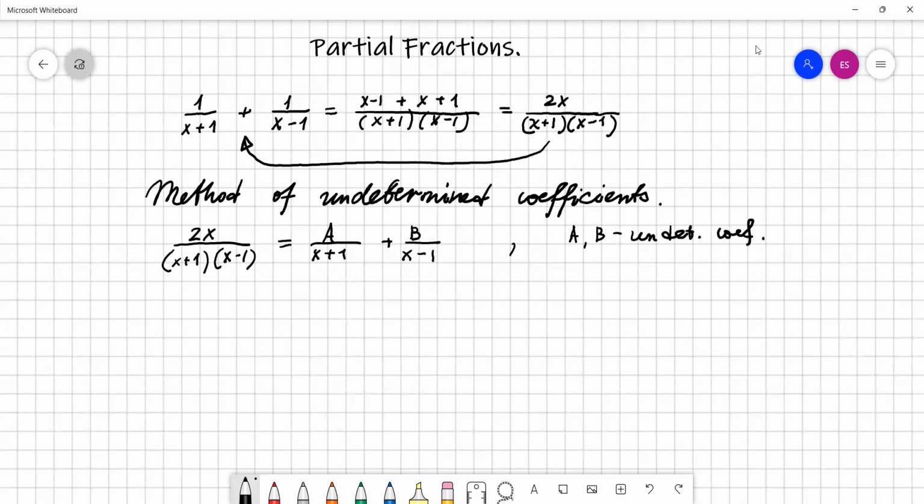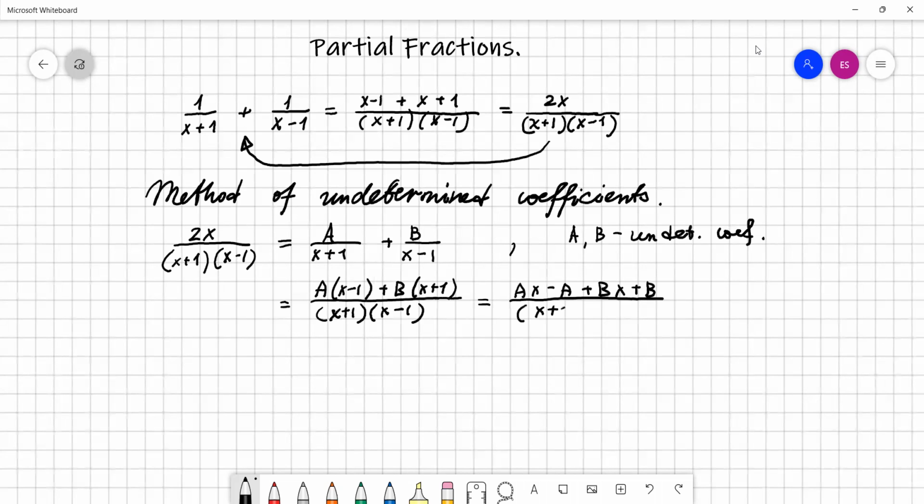Well, first, I'm going to do the process of bringing to a common denominator. So the common denominator is, again, x plus 1, x minus 1. And in the numerator, we have a times x minus 1, plus b times x plus 1. I'm going to open parentheses in the numerator. So I have ax minus a plus bx plus b.